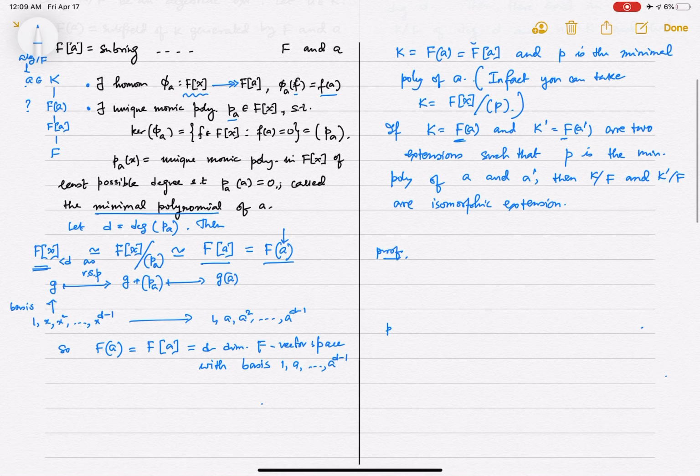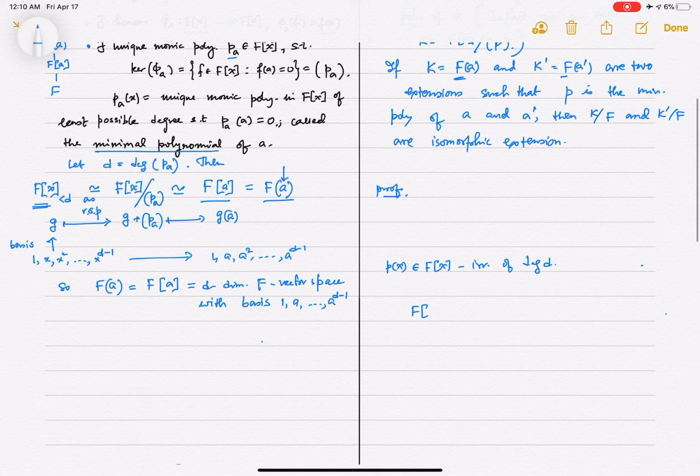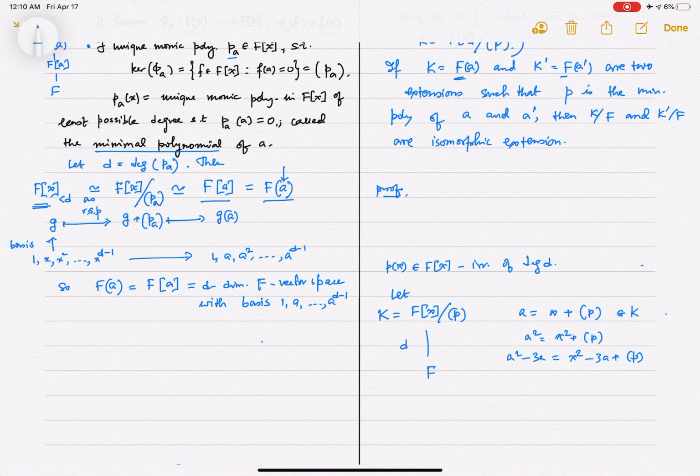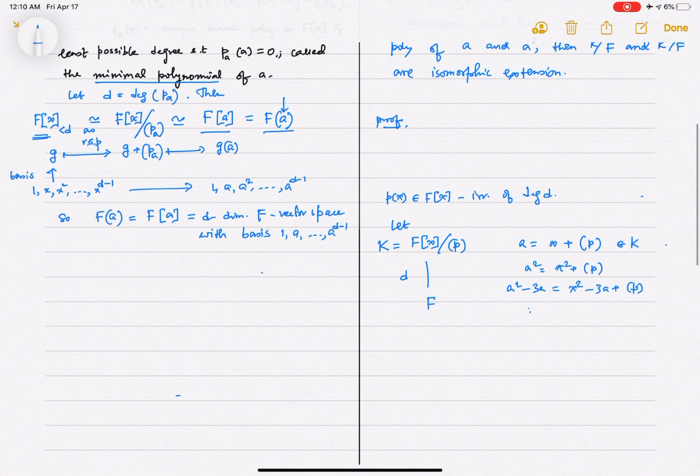It's saying that if I give you an irreducible polynomial of degree d, then you can go to this extension and then identify F in there in a natural way. This is a degree d extension, and this is the construction, right? And if you let a be the image of x in there, so this is an element of K, then a squared is the image of x squared, a squared minus 3a is the image of x squared minus 3x, etc., because that's basically by definition.